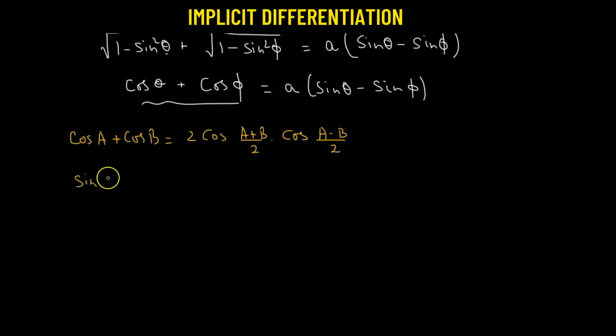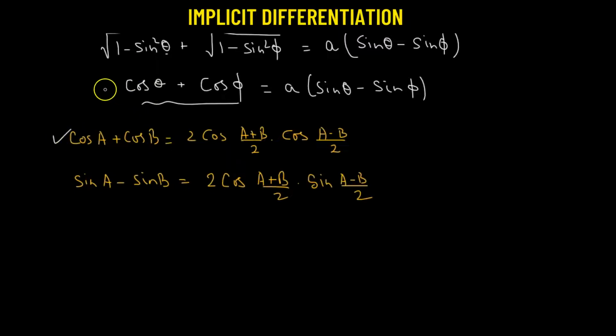And if we have sine A minus sine B, then this will be equal to 2 times cosine of (A plus B) divided by 2 times sine of (A minus B) divided by 2. Now we will use the formula for cosine A plus cosine B to add cosine theta plus cosine phi. Let's label this as number 2.